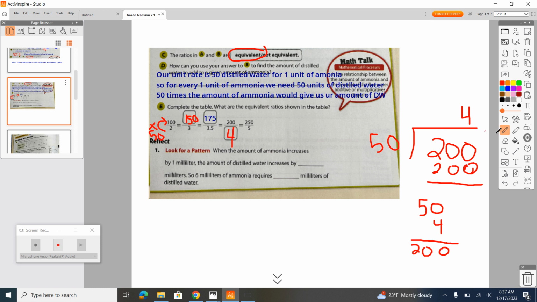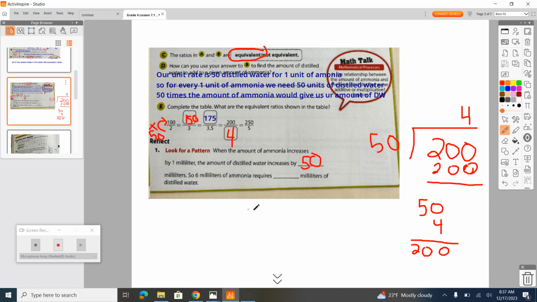And then it tells us to look for a pattern. When the amount of ammonia increases by 1 milliliter, we kind of talked about this up here, the amount of distilled water increases by 50. So we're multiplying the amount of ammonia by 50 to get the amount of distilled water. So for 6 milliliters, we would still multiply by 50.